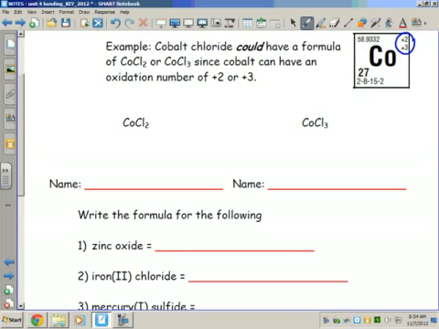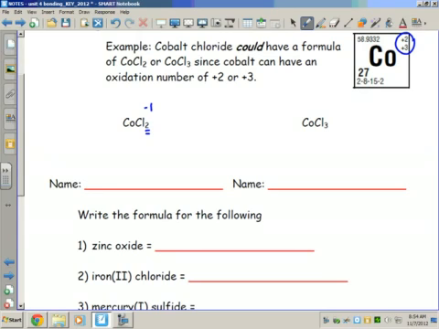So if you see the formula here with cobalt and 2 chlorines, the chlorine, as a general rule, its oxidation number is usually -1, and that's the oxidation number it's going to take here because it's paired with a metal, which is always going to be positive. So you're going to choose the negative oxidation number for chlorine.